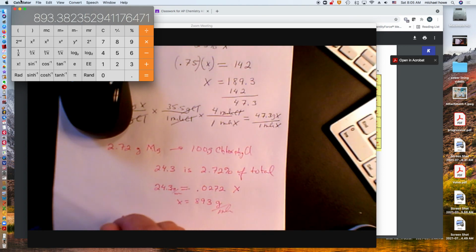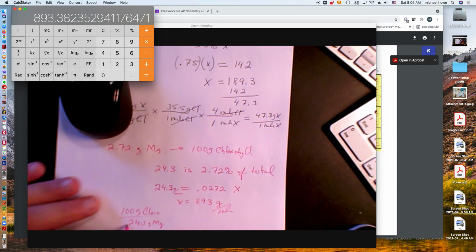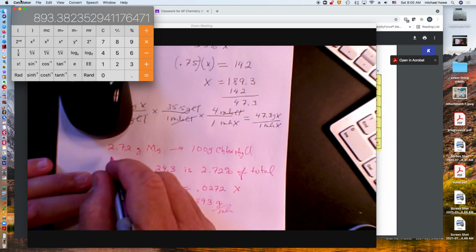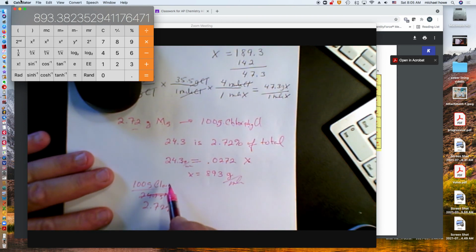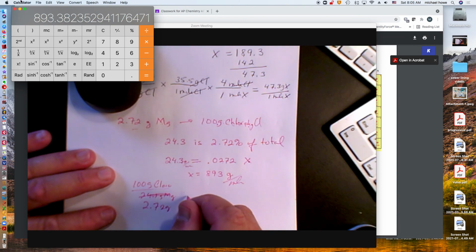Well, here, you know that 100 grams of chlorophyll contains 2.72 grams of magnesium. That's that number there, like I just said up at the top here.